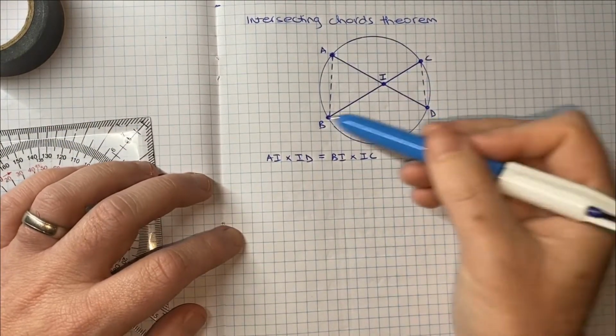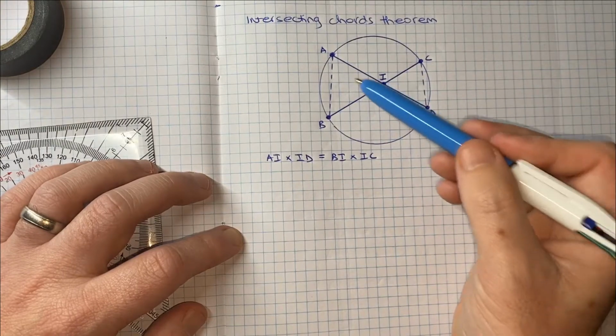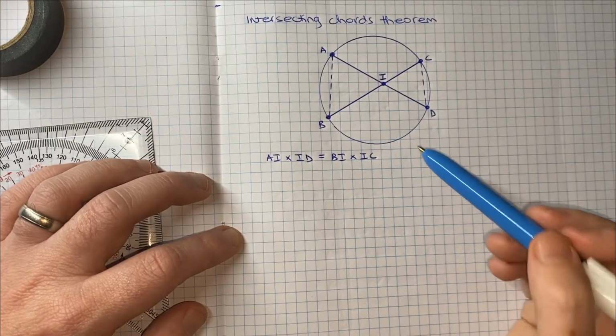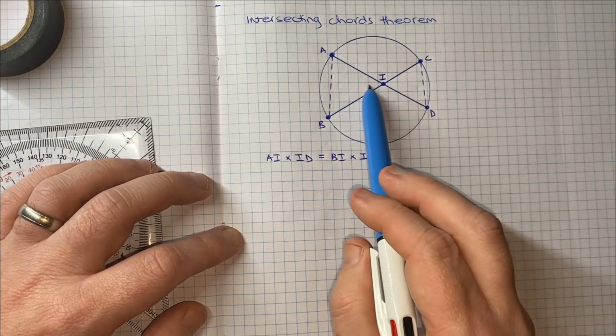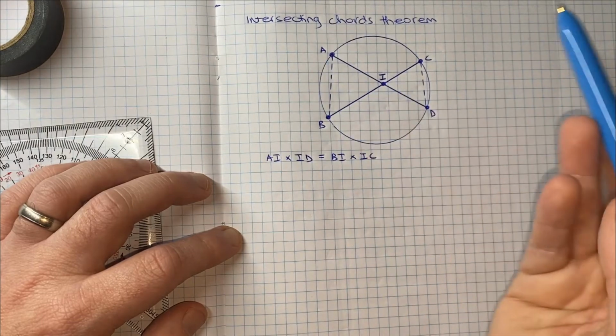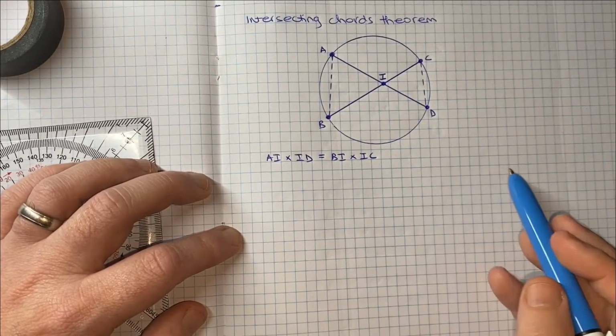So the solid lines are the chords, the dashed lines are just the lines I've added to get these 2 triangles ABI and CDI. And what I'm going to show is that these 2 triangles are similar. And if I can show that these are similar triangles, then their sides must be in proportion, and from there we can get to this conclusion.